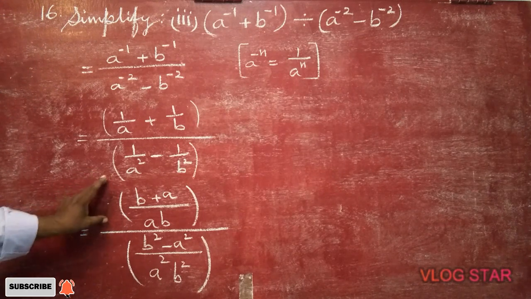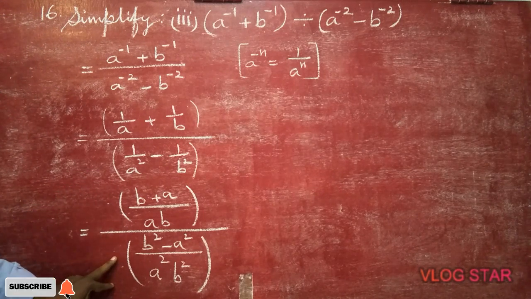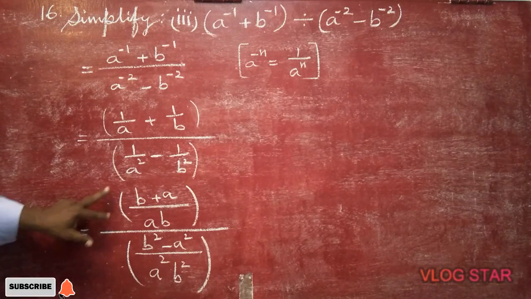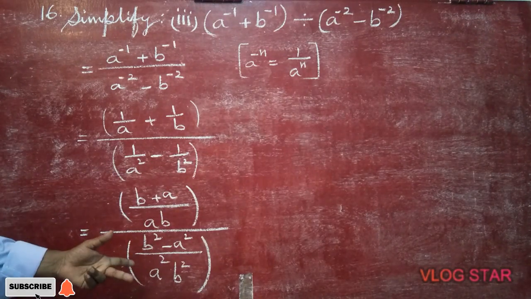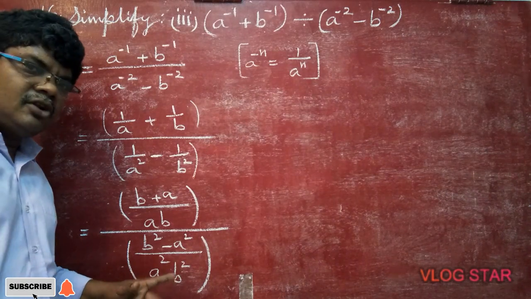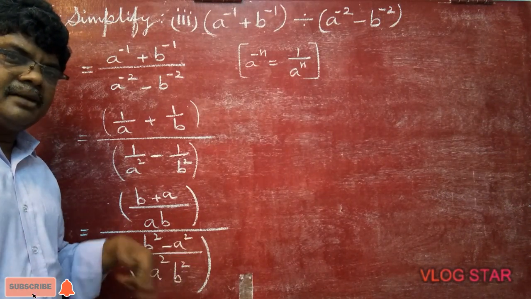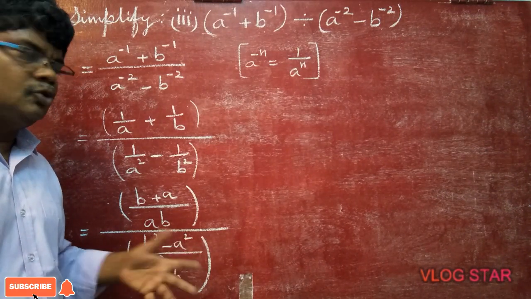Numerator, one fraction is there. Denominator, another fraction is there. Numerator fraction as it is we are going to write, but denominator becomes reciprocal. Are you able to follow reciprocal? You know, numerator becomes denominator, denominator becomes numerator.